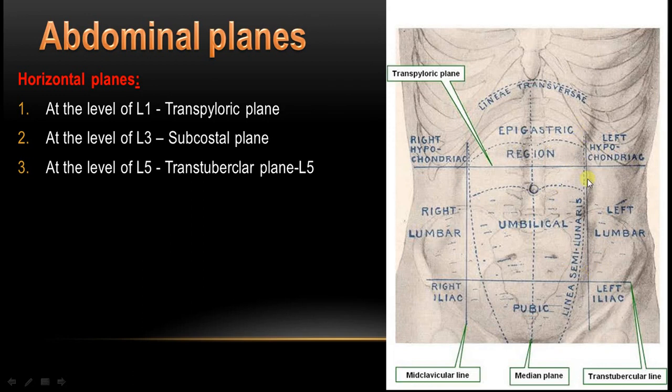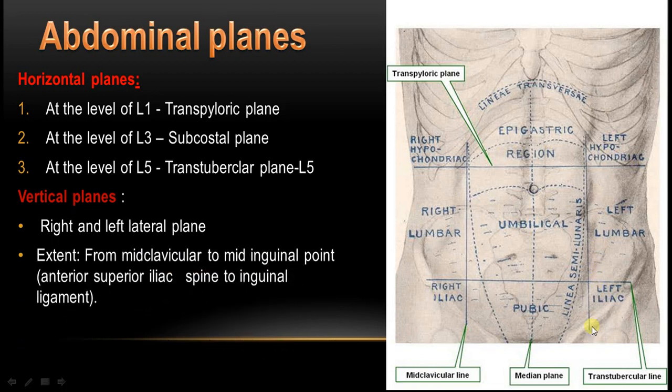Now coming to the vertical planes, they are simply named the right and left lateral planes. It is a downward extension of the mid-clavicular line, from the mid-clavicular line to the mid-inguinal point. The mid-inguinal point is exactly midway between the anterior superior iliac spine and the pubic symphysis.